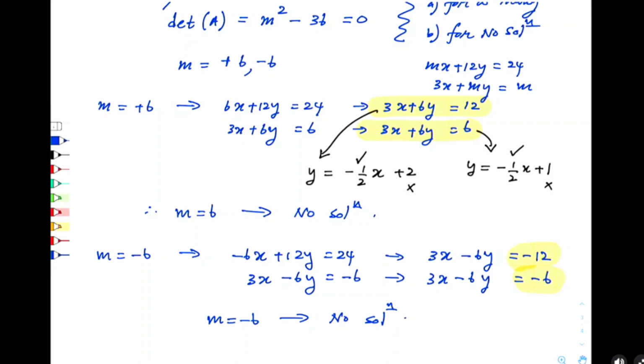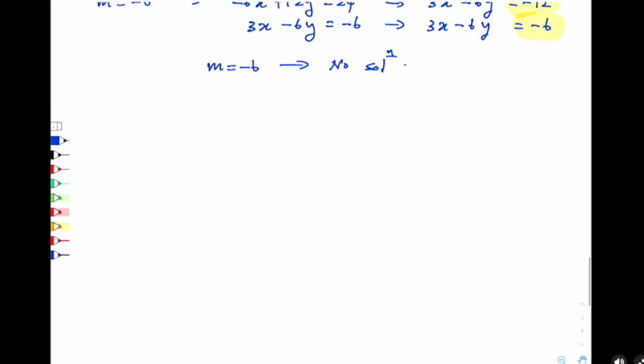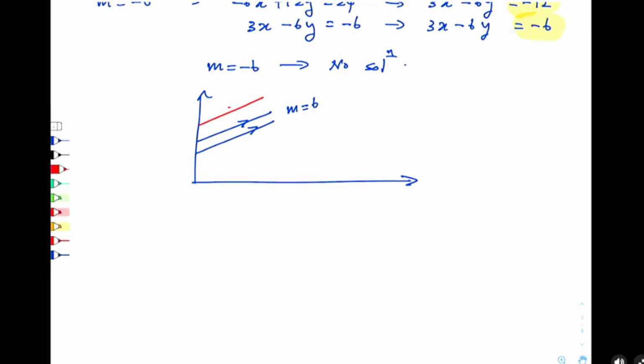Why not? Look, if you have a Cartesian plane here, suppose two lines are like this, parallel, right? Suppose this is when m is equal to 6. The same equation can produce two lines like this.